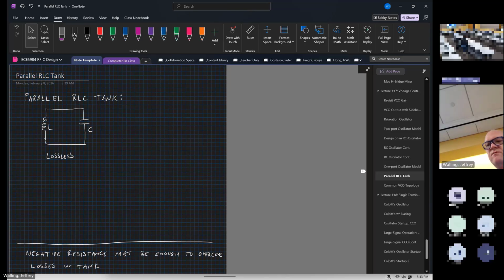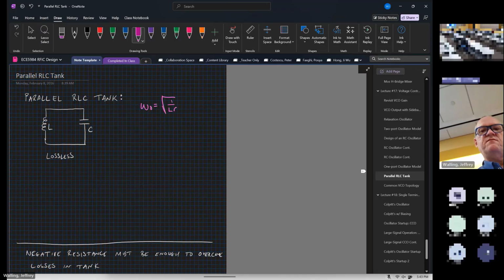Now let's look at our parallel resonant tank. So here's our parallel RLC tank. Now we know that the resonant frequency of this tank is equal to 1 over the square root of LC. And we know that likely this tank also has some resistance. And we're not going to necessarily add a physical resistor here. The tank has a finite quality factor because the components are lossy.